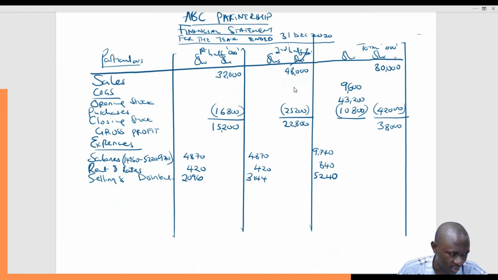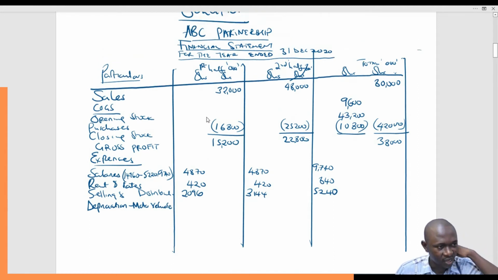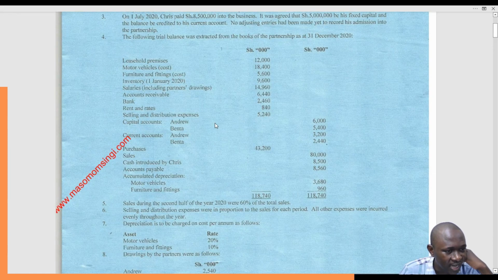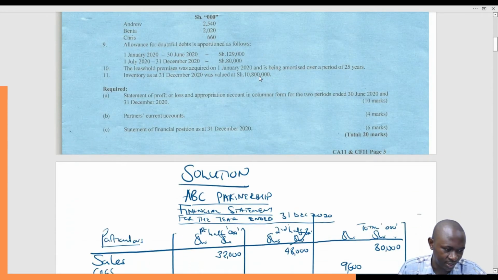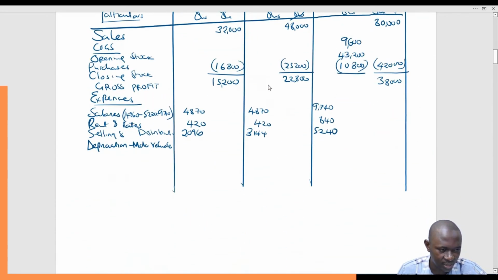So we'll come here and say depreciation, and we start with motor vehicle. It's 20% of the cost. That is 20% of the figure that we have there, which is 18,400. We'll get 3,680. But remember, this 3,680 is for the whole year.